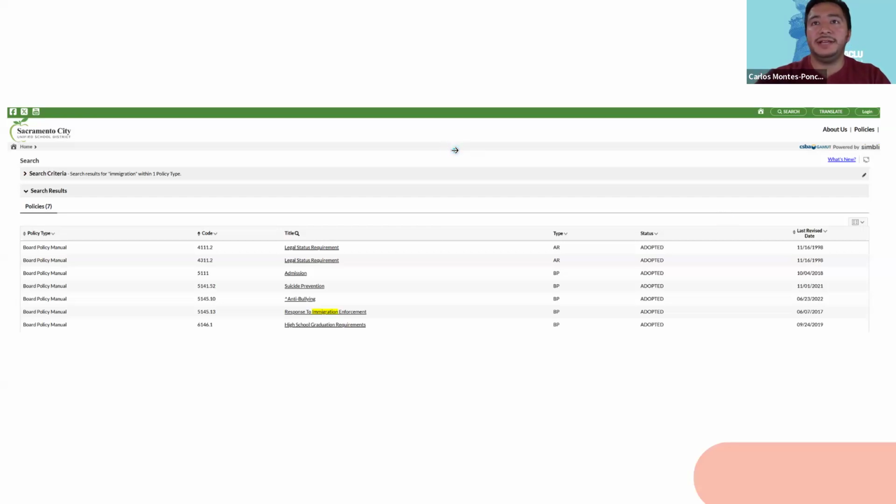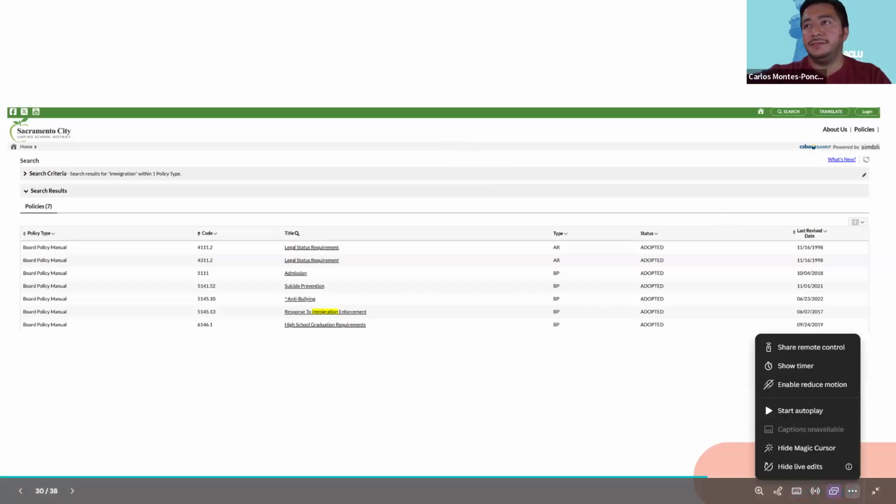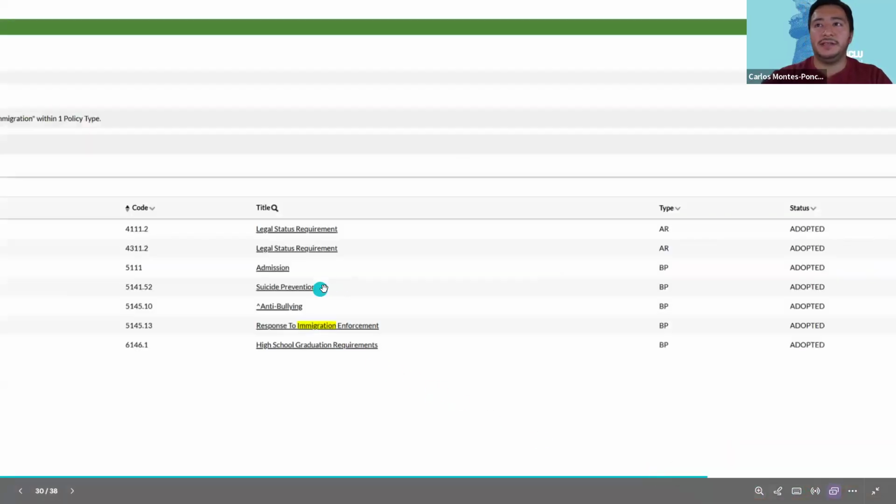So right here, for example, it has legal status requirements, admissions, anti-bullying, response to immigration enforcement, high school graduation requirements. And it has the dates of when they were last reviewed. When you open them up, it has a lot more detailed information.